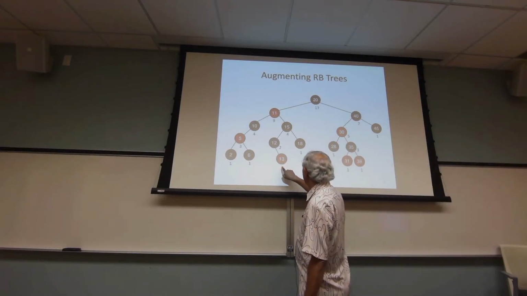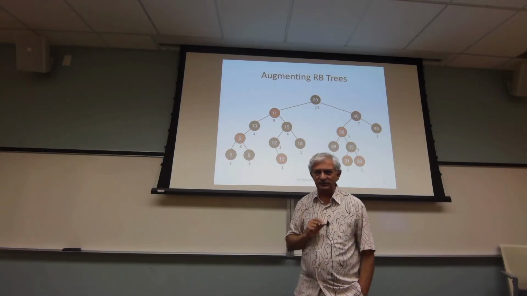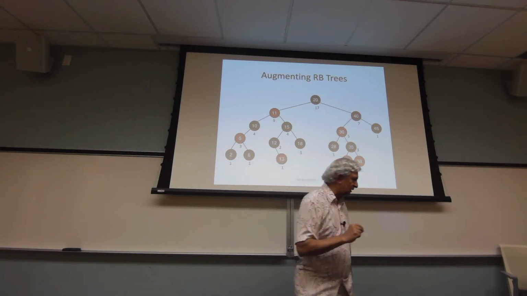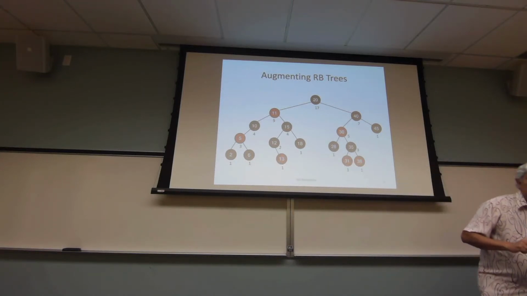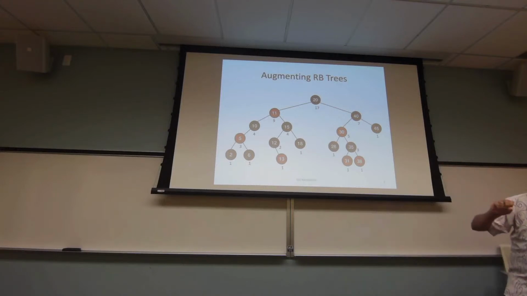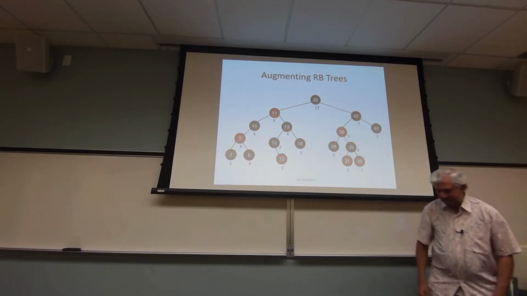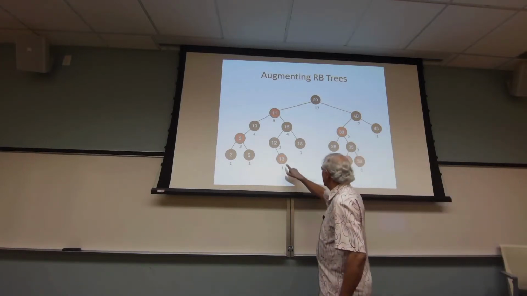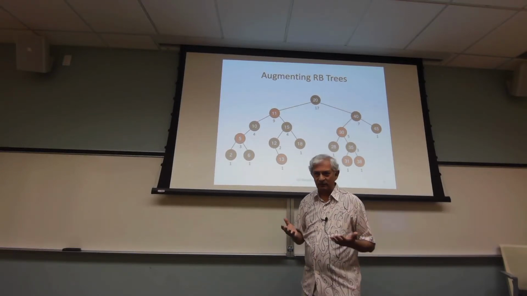Here at each node, I've added size information. The size information turns out to be the size of the subtree that's rooted at that node. So the subtree that's rooted at 13 has only one node, which is itself.